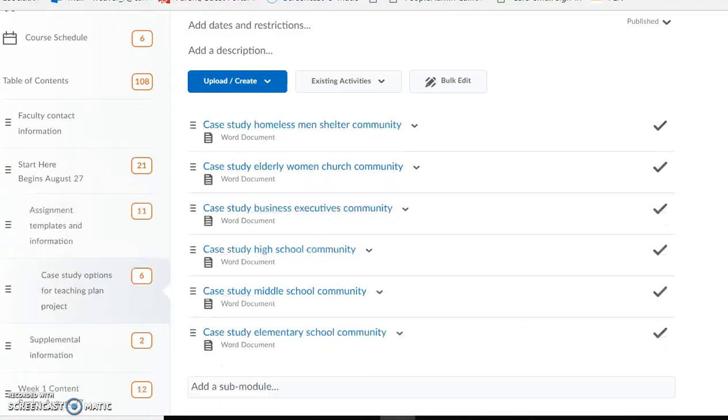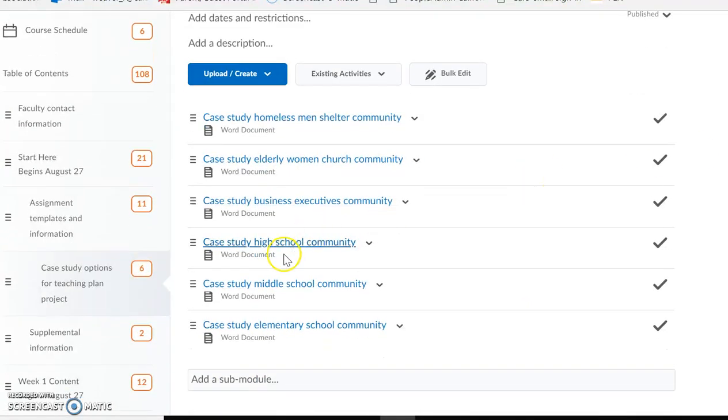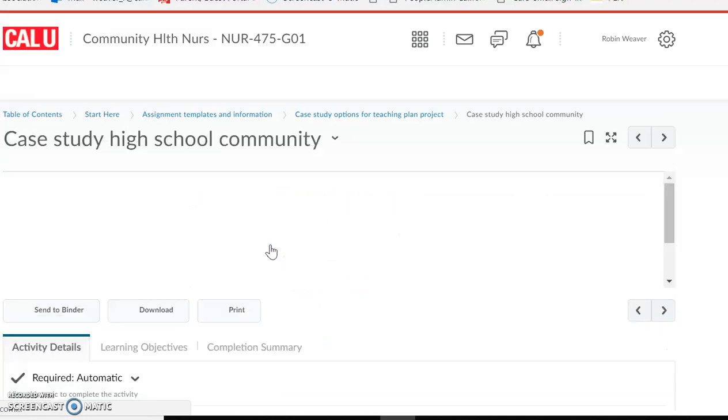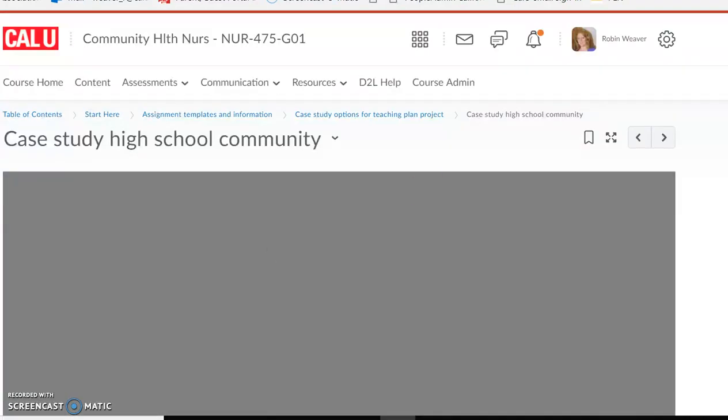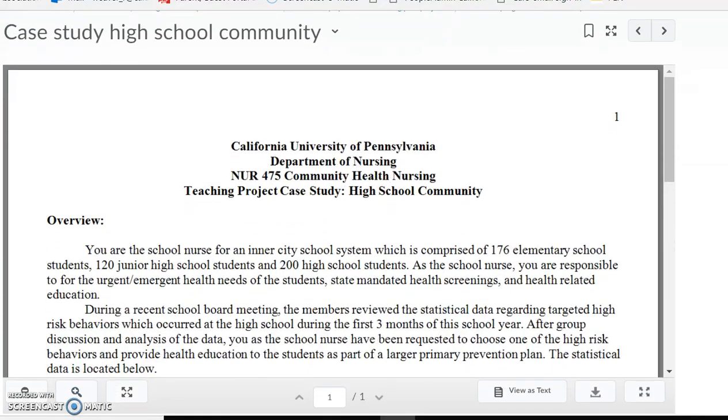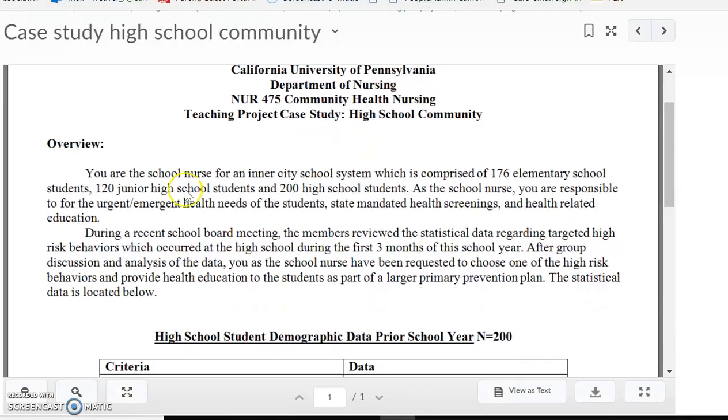I'll show you one more. Let's go down to the high school kids. Okay, so again, you're a school nurse for an inner city school with this many elementary, junior, and high school students, and it lists what you're responsible for. During a board meeting, the members review the statistical data regarding high-risk behaviors for the first 3 months, and after discussion, they want you to do something.